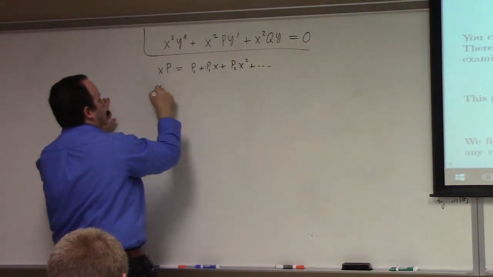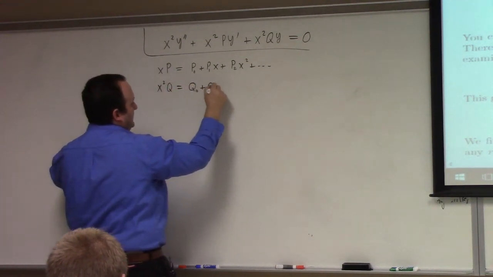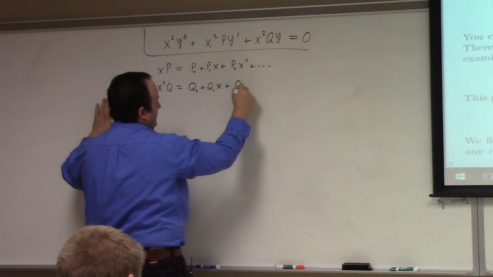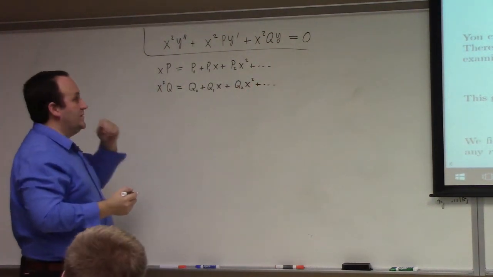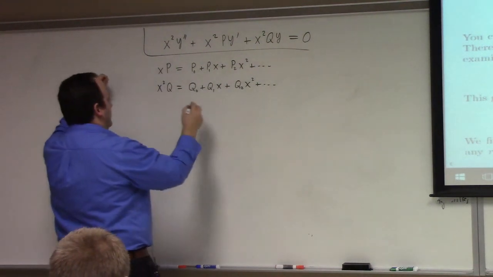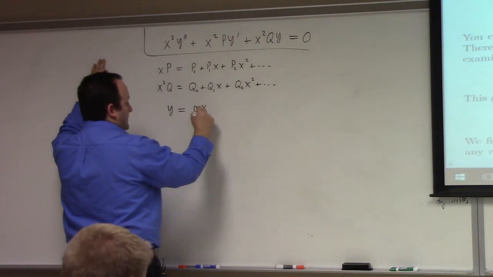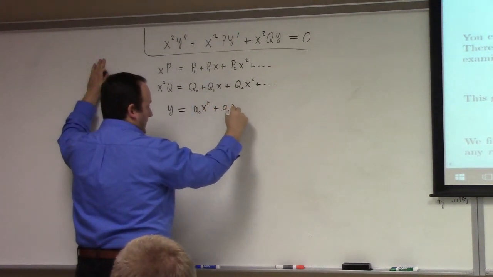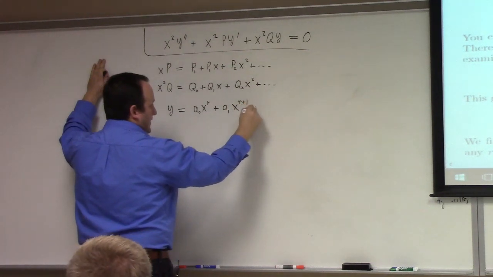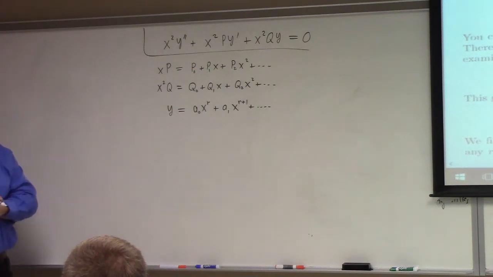We're given that x squared q is equal to q naught plus q1 x plus q2 x squared, right? And we're assuming that y is equal to a naught x to the power r plus a1 x to the power r plus 1 plus dot dot dot. Those are the first two terms in the Frobenius solution, n equals 0 and n equals 1.